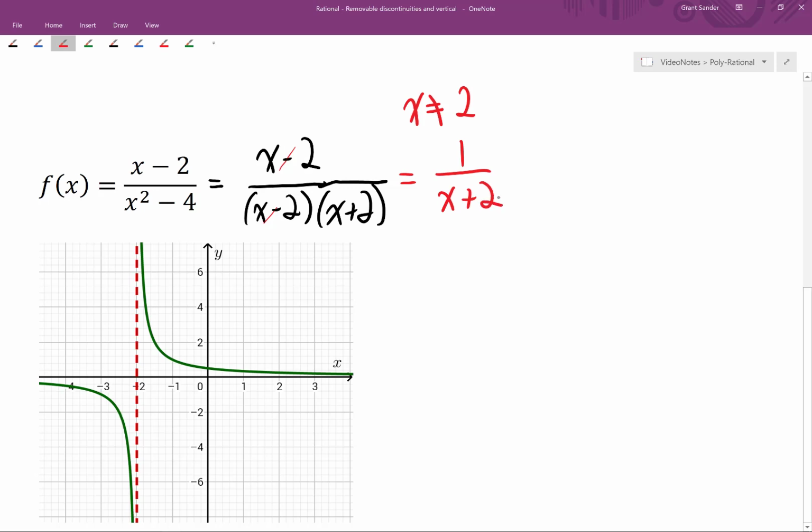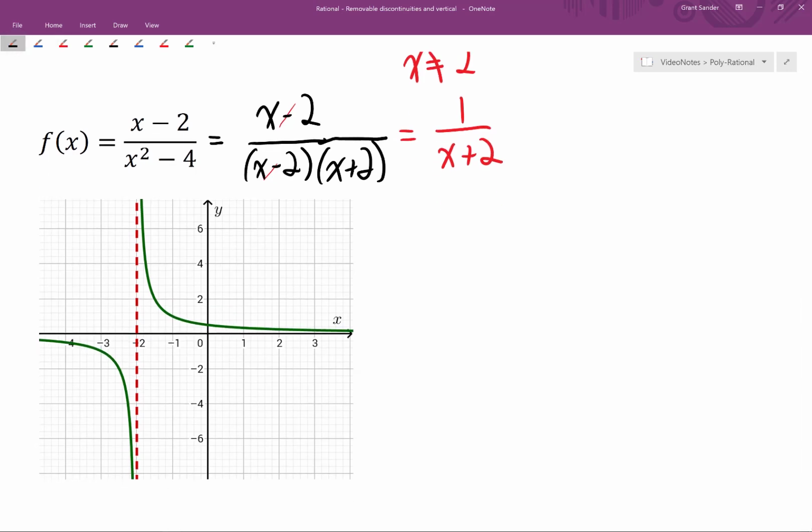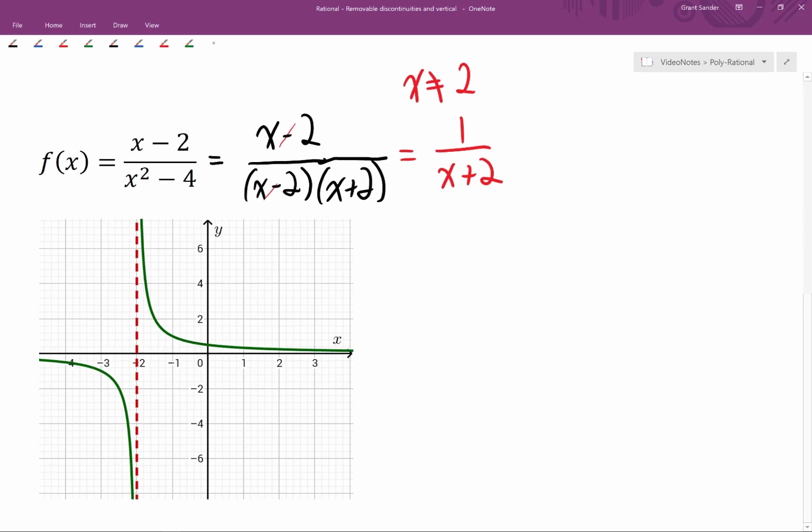So if we go back to the graph, what we're essentially looking at is the graph of 1 divided by (x plus 2), so long as x is not equal to 2. At x equals 2, it looks kind of normal, but if you graph this original function and put your cursor over the graph where x equals 2, you should get an undefined value.